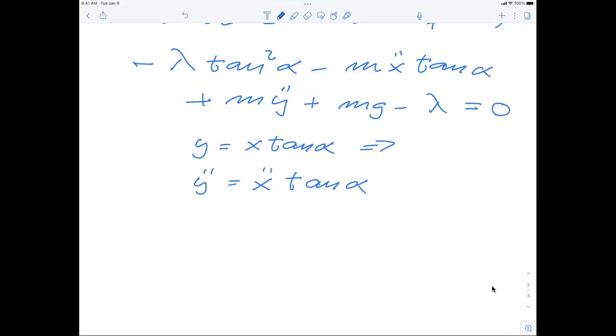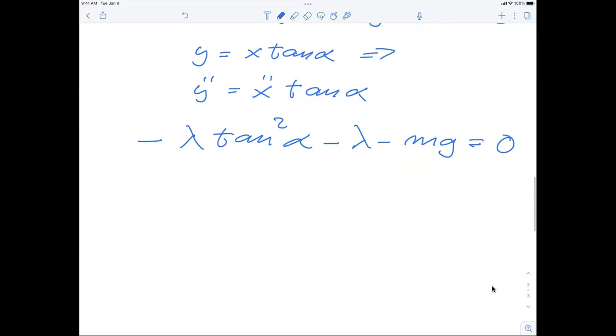So what we get then is minus lambda times tan squared minus lambda minus m times g is equal to 0. Then another thing which we know is that tan alpha squared plus 1 is the same. This is one of the standard trigonometric relations, is 1 over cosine alpha squared.